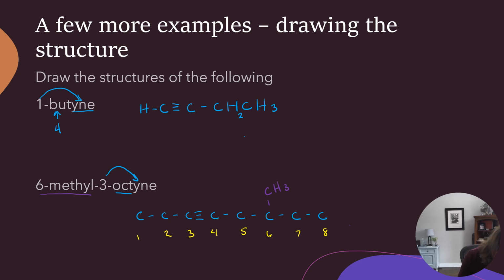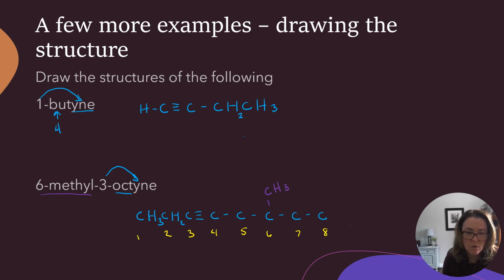So my first carbon is going to require 3 hydrogens. My second carbon is going to require 2 hydrogens. My third carbon is fine. It already has 4 bonds. Same with carbon number 4.